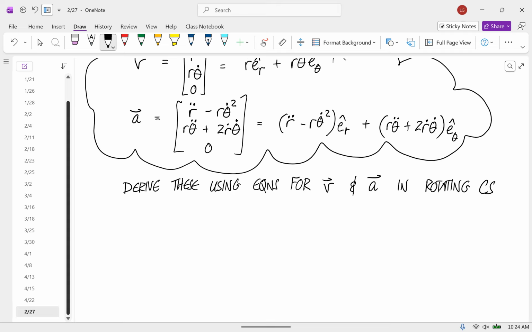So the first one we're going to do is the velocity. So we know that the velocity is equal to the components dotted. So I will write that as the observed velocity.